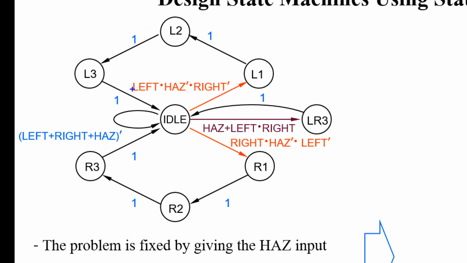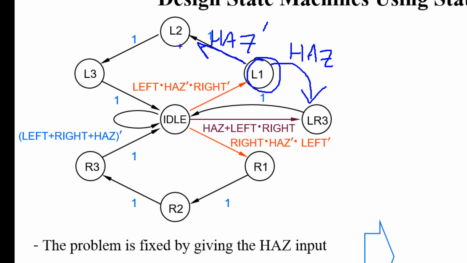But someone may think for emergency, at this state it should go to LR3 suddenly, if hazard active. If not, go to L2. At state L2 also, if hazard active, it should go to LR3 suddenly.